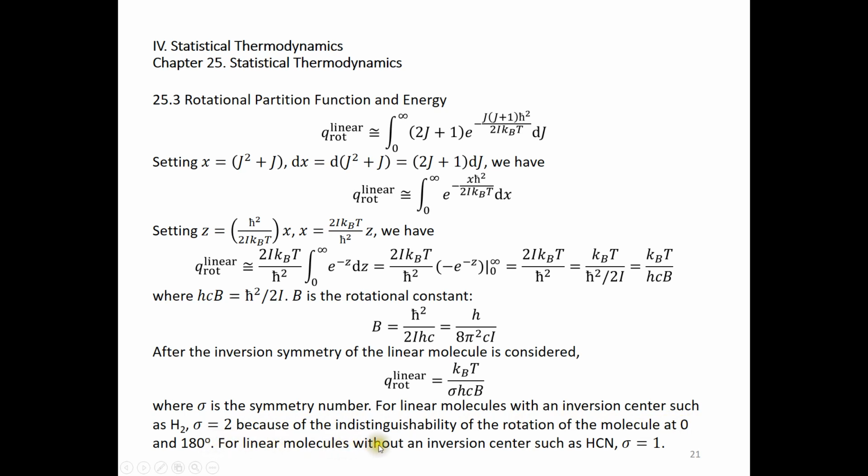For linear molecules without an inversion center, such as HCN, sigma is just 1. So if we look at a linear molecule, it belongs to either the D infinity h point group or the C infinity v point group. If it's D infinity h, sigma is 2. If it's C infinity v, sigma is 1.